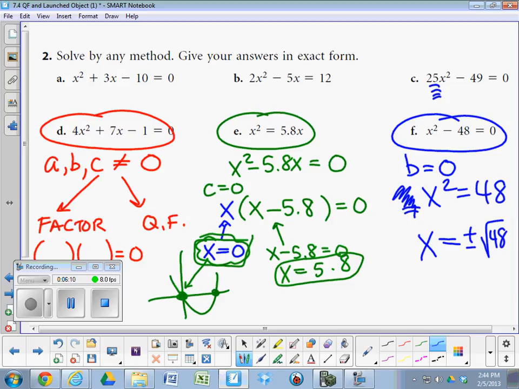Let's think about that. Just want to follow up here. If one of the x-intercepts is at positive 6.9, and the other x-intercept is at negative 6.9, where's the line of symmetry? At 0. How do we find the line of symmetry?